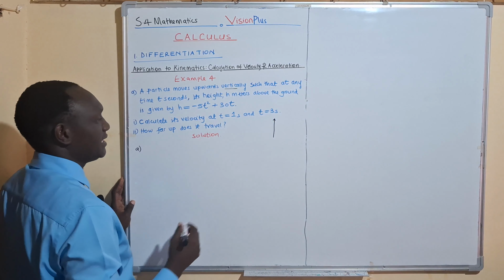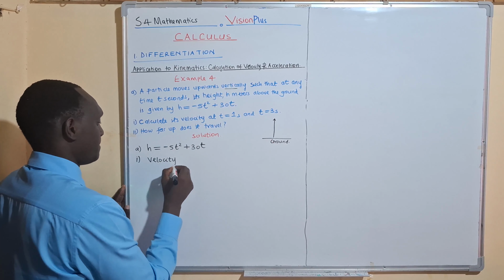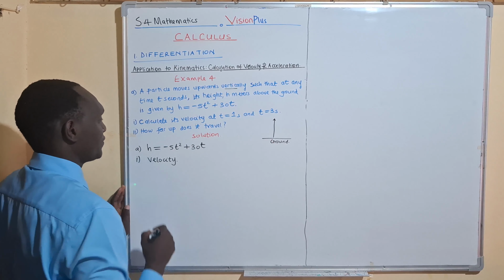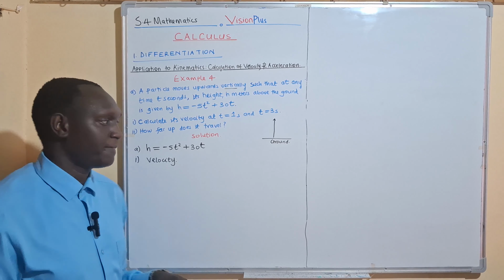Now the question can guide us. The question says calculate its velocity at time t is 1 second and at time t is 3 seconds. So it asks for velocity. For us to get the velocity, we need the expression for velocity at any time t.